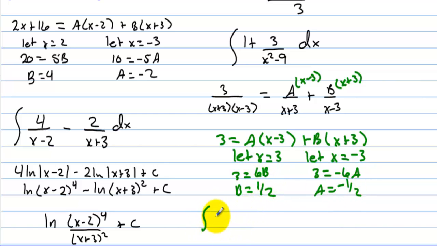Well, now we're integrating 1 plus 1 over 2 times the b went with x minus 3. And then minus 1 over 2 times x plus 3 dx.